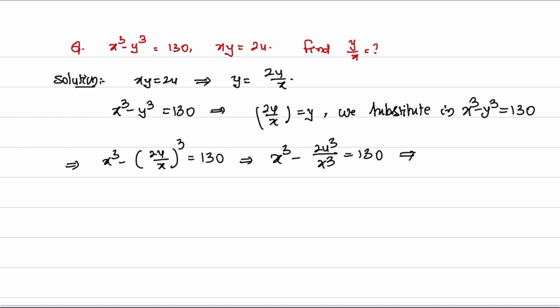Let us say, to simplify, let x cube is equal to p.